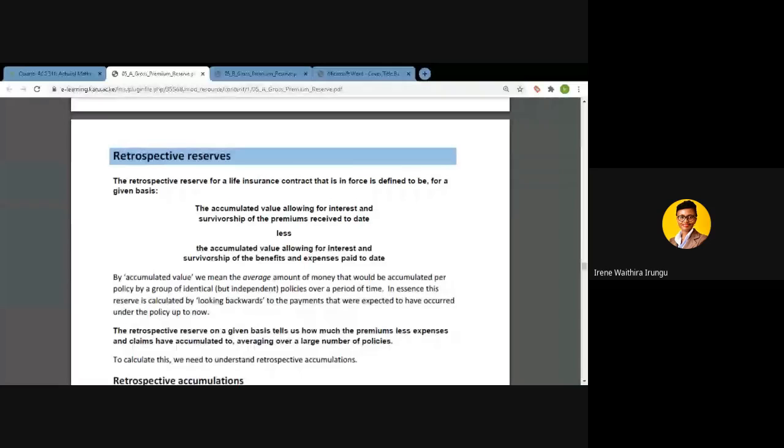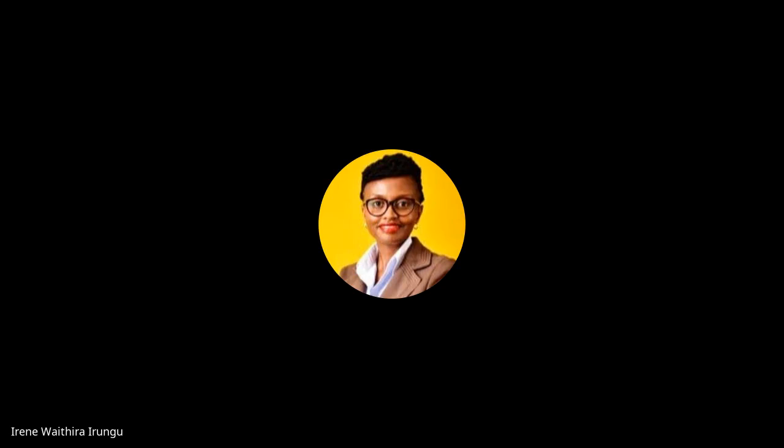We'll be looking at computation of retrospective reserves for these whole life insurance contracts based on the accumulated value of premiums that have been received to the date at which you are evaluating your reserves, less the accumulated benefits and expenses that have already been paid. So retrospective is based on actual cash flows that have actually happened.